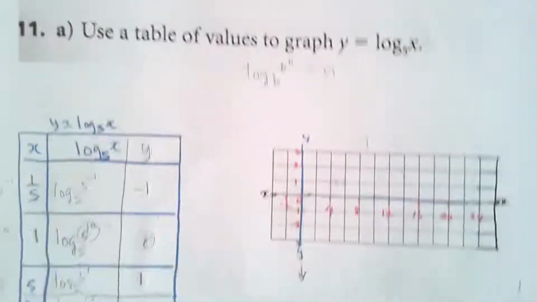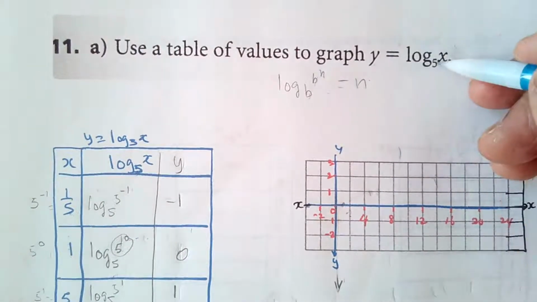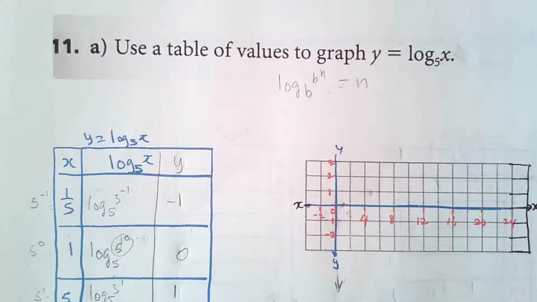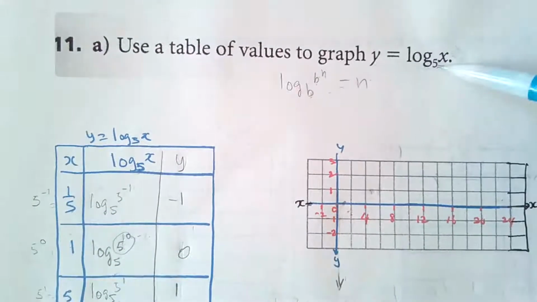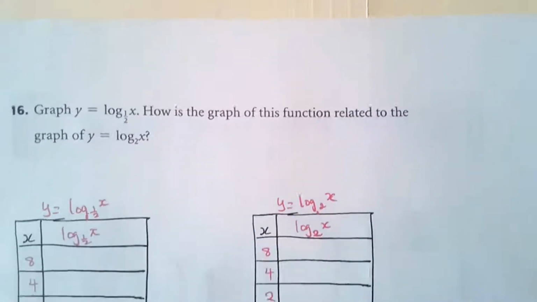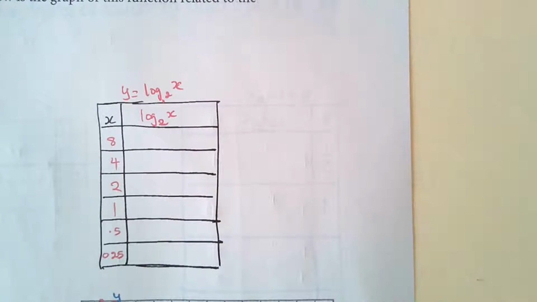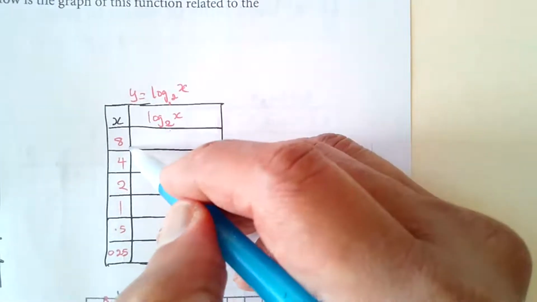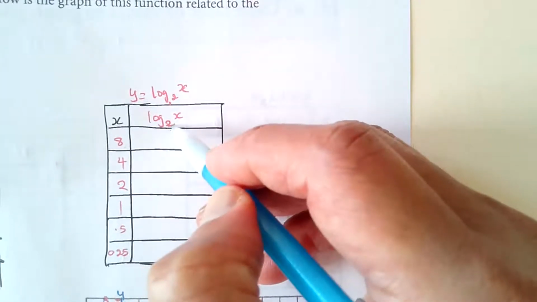So anytime you're given a log, look at the base and find if it's a multiple of it, and then your x values will be powers of that 5 as your base. Another example: here, what I did was to find values that I could write as a power of 2.